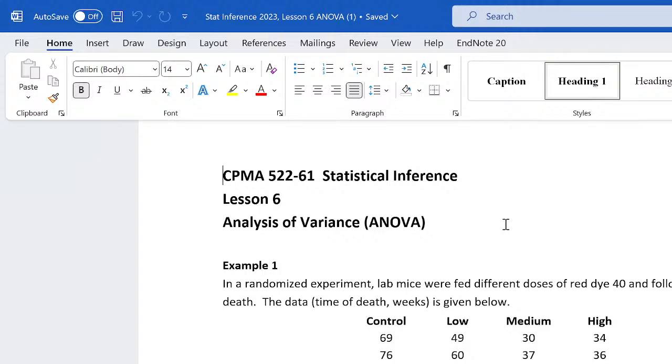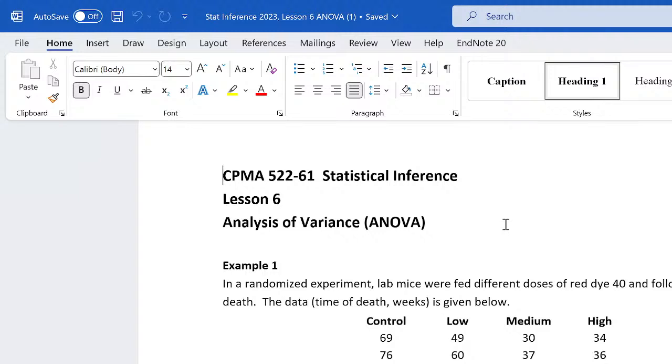There's the variation in the control group, about the same as the variation here, roughly. But now, with the higher dosage, data's all over the place. There's a lot more variation in the medium and high groups than in the low and control groups.